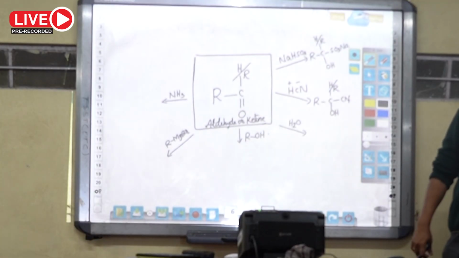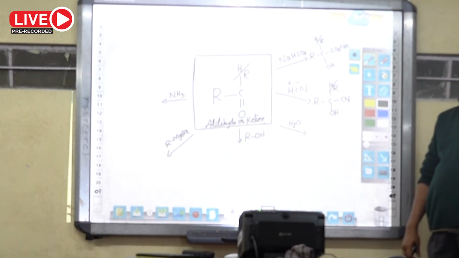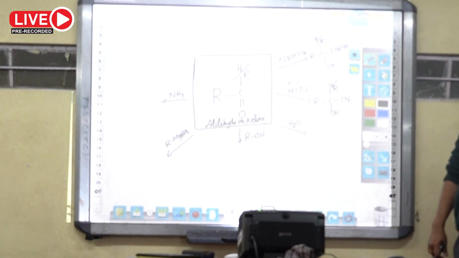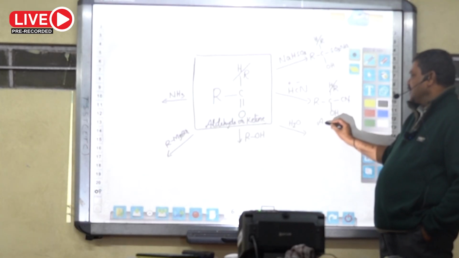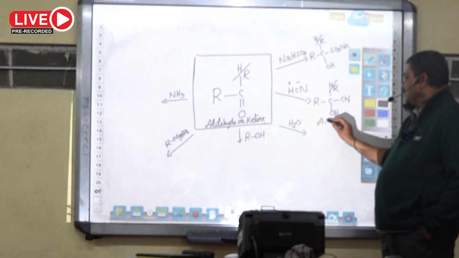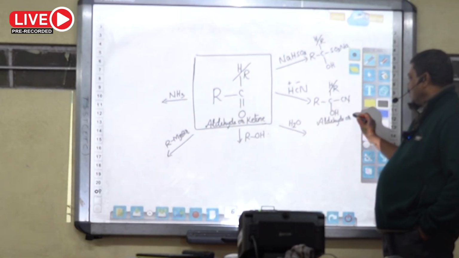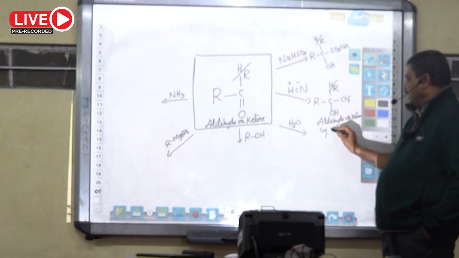Simply names you have to add. If you consider it as aldehyde, aldehyde sodium bisulfite. If you consider it as ketone, ketone sodium bisulfite. This is aldehyde or ketone cyanohydrin.